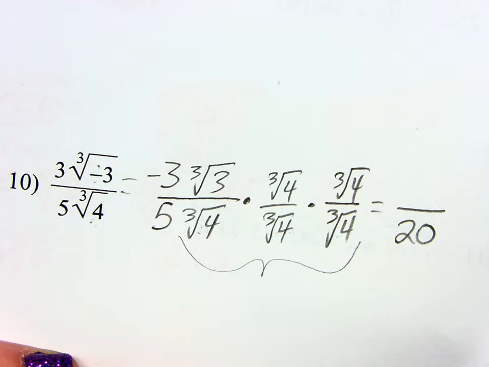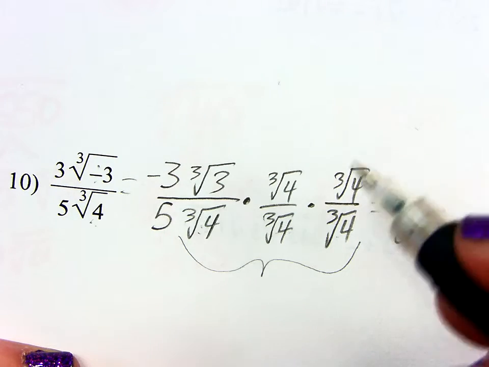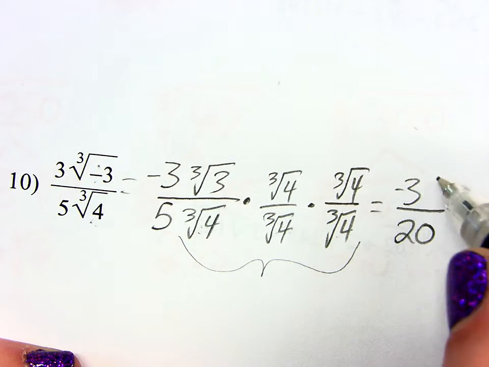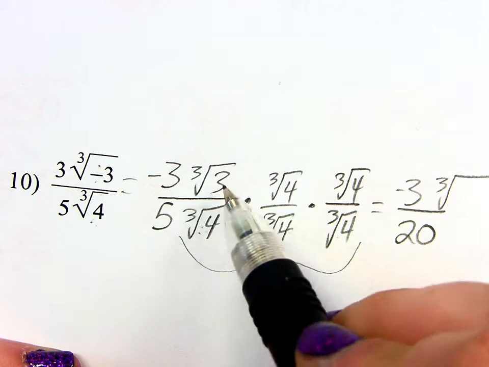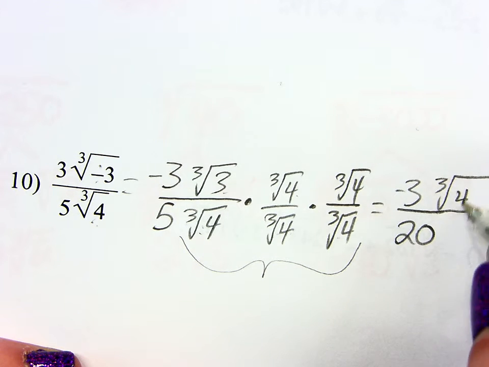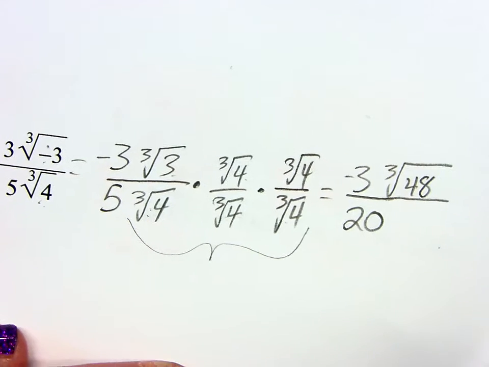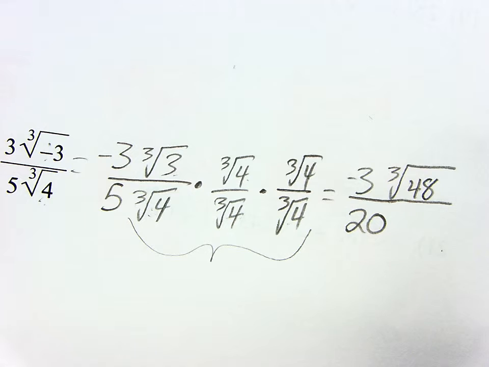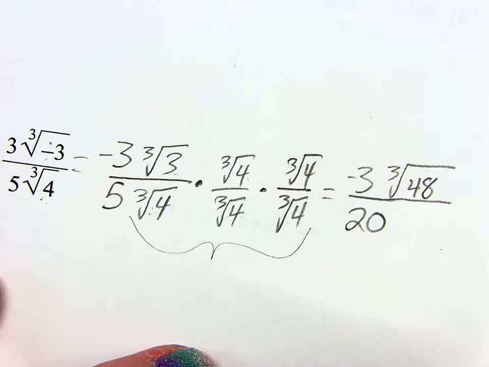My numerator, I'm just going to multiply straight across. So I'll have negative 3 times the cube root of 3 times 4 times 4 is 12. What'd you say, 48? 48. And now I just have to check and see if that could be simplified any. Are there any perfect cubes that go into 48? There is one. What is it? 8.